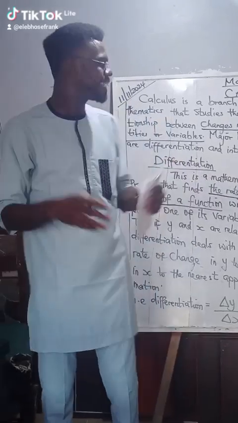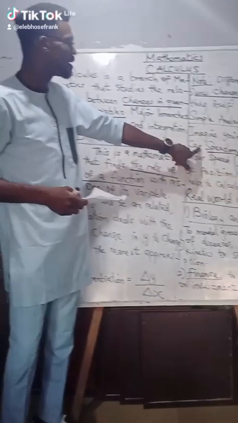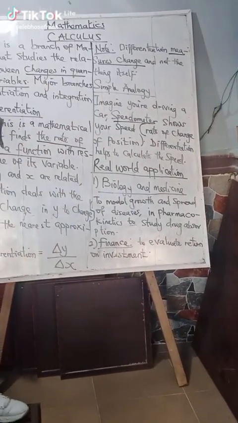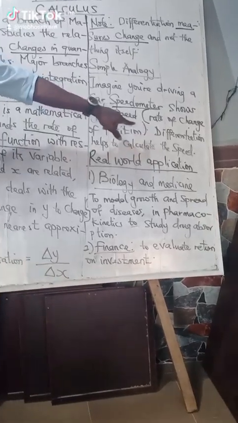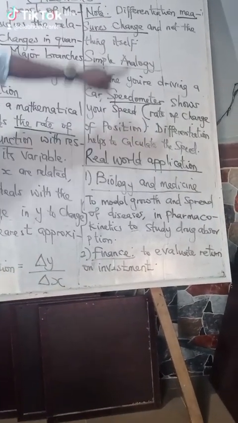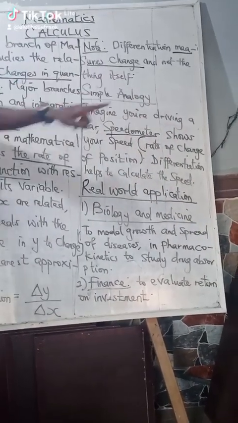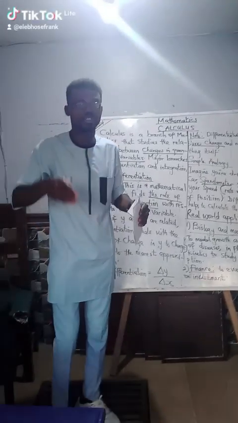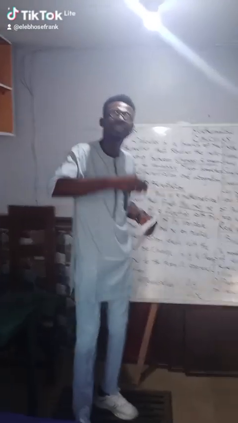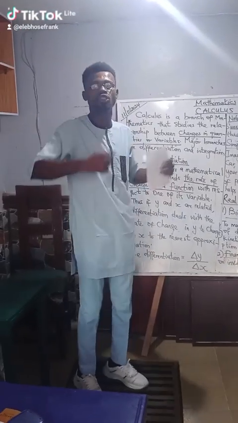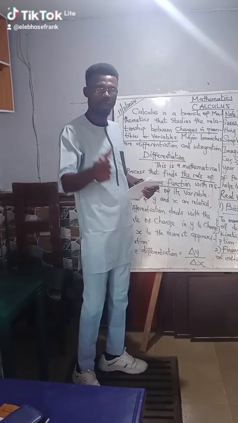So the rate of change of the position of the vehicle indicated by your speedometer is what we calculate using the knowledge of differentiation. That's why differentiation measures change and not the thing itself. Differentiation is not to measure the car, but to measure the rate of change of the position of the car. I believe you got that.